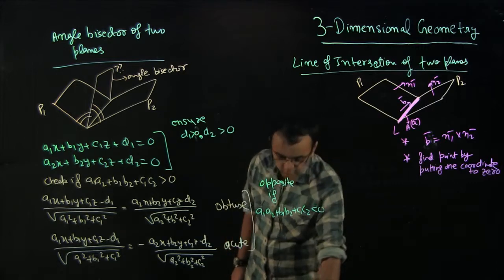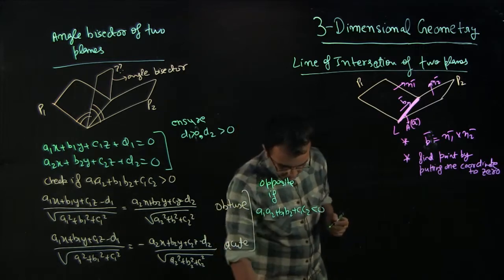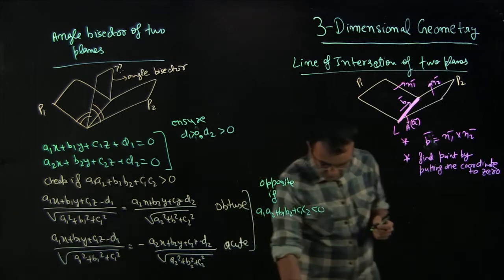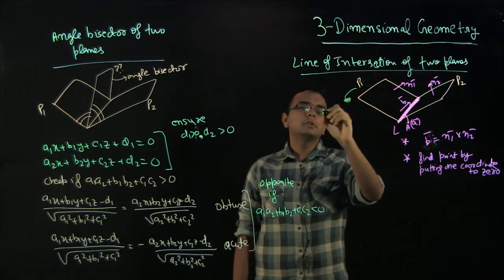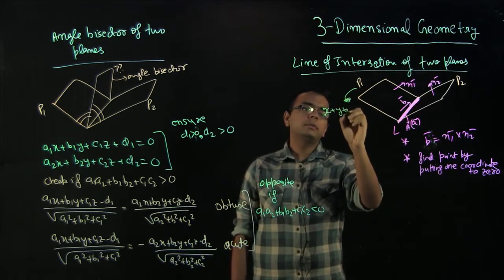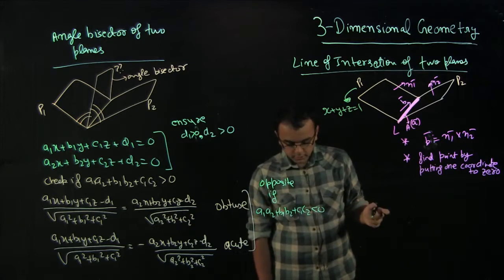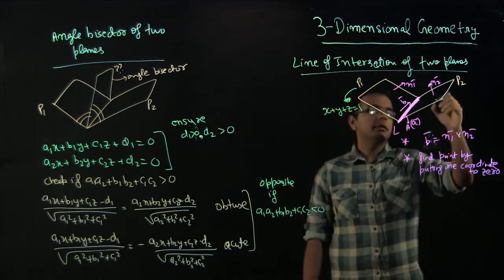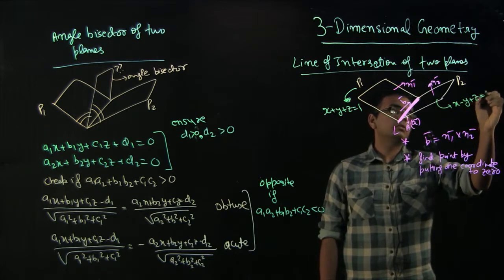So the equation for P1 that has been given to you is x plus y plus z is equal to 1, and the other plane that has been given to you is x minus y plus z is equal to 1.